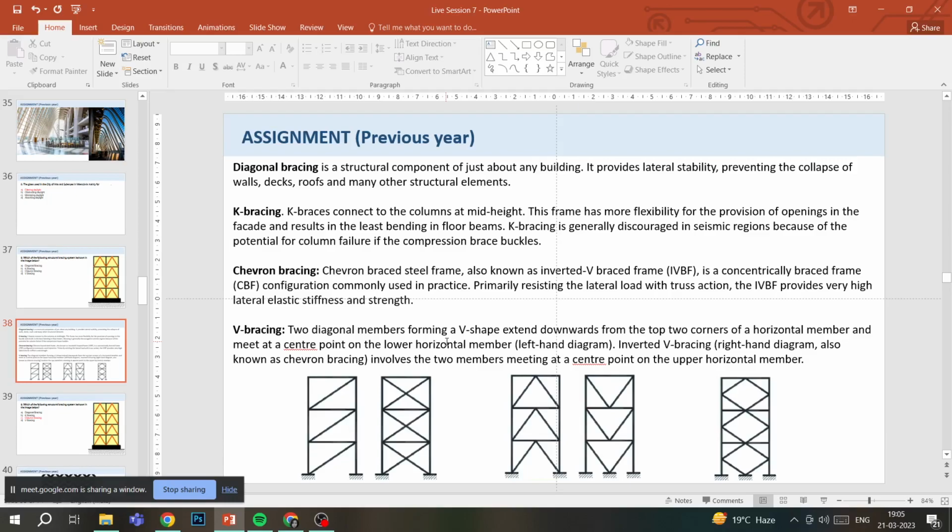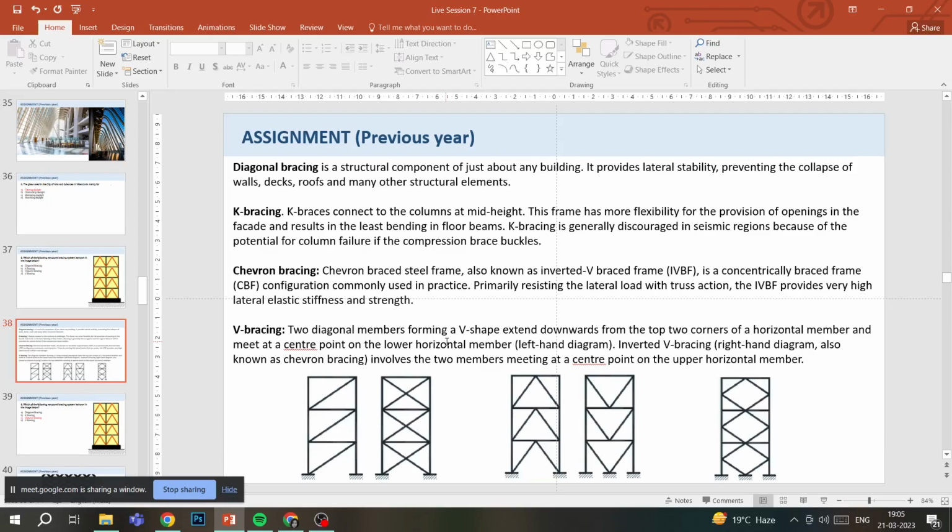What happens in K bracing is that if this is one floor, then from the middle of the floor you will have two braces coming out, and all those braces also attach to the middle of the floor, so that it looks like a K. If you see the image on the right hand corner, that is K bracing. It is called K bracing because it looks like a K.